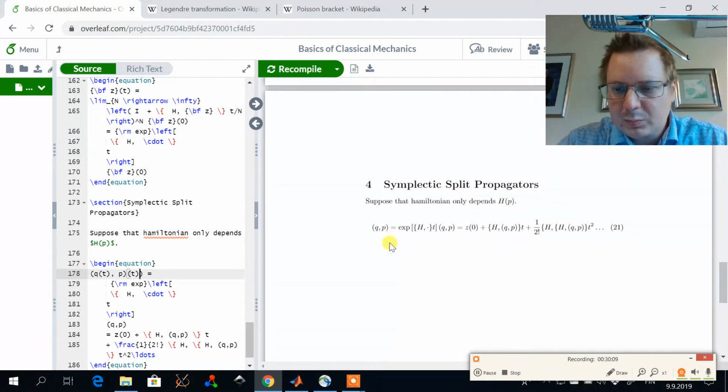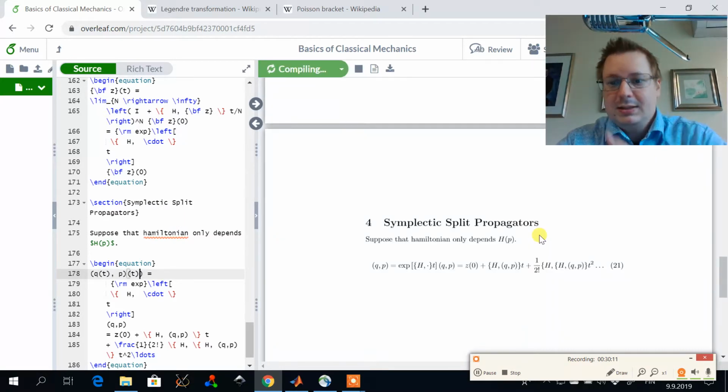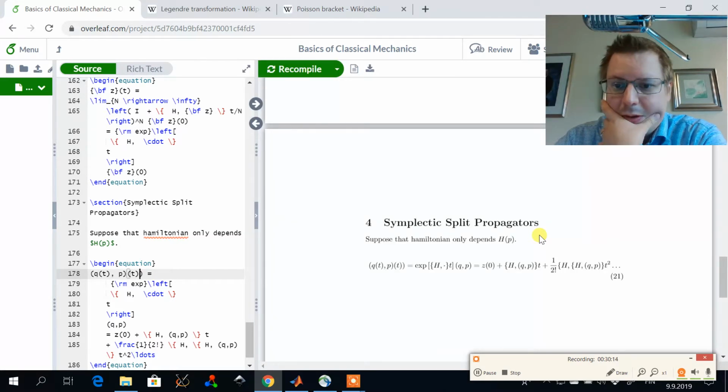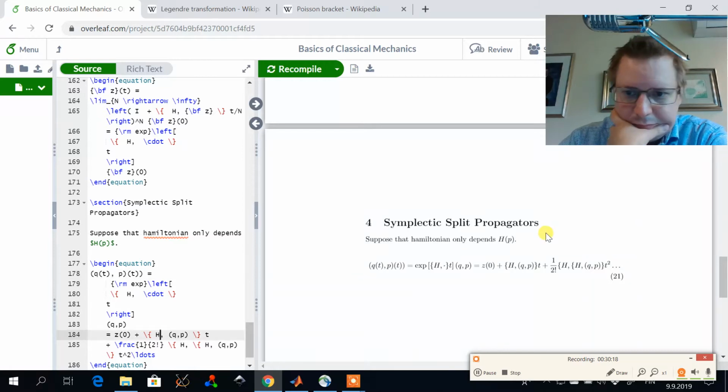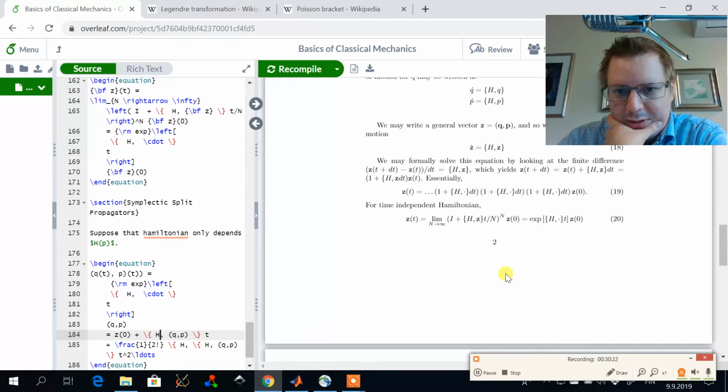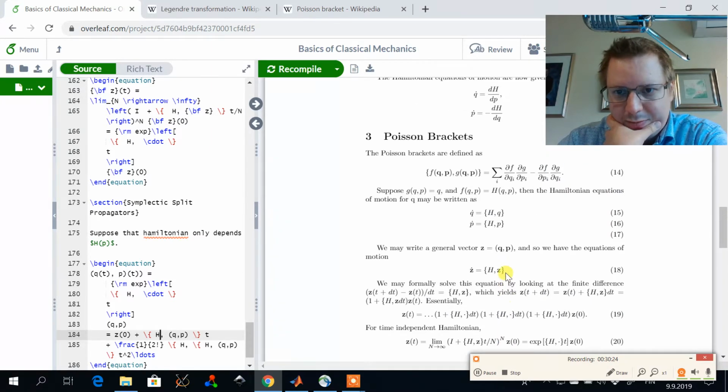And now, since the Hamiltonian depends only on p, first we can look at this term. In the Poisson bracket definition, you will only get this side, so you only get partial derivatives of this side.